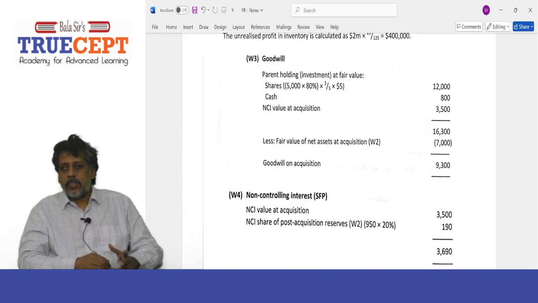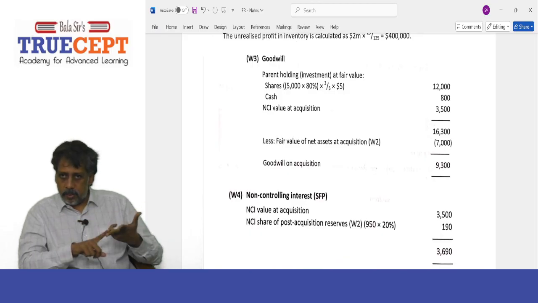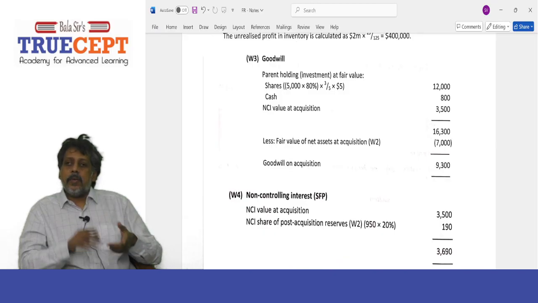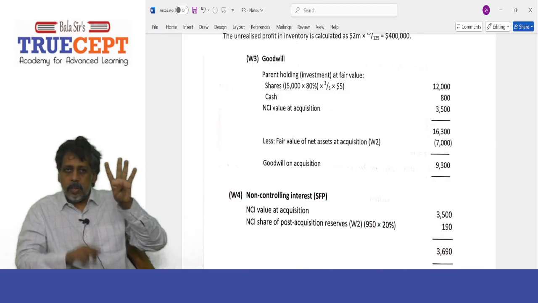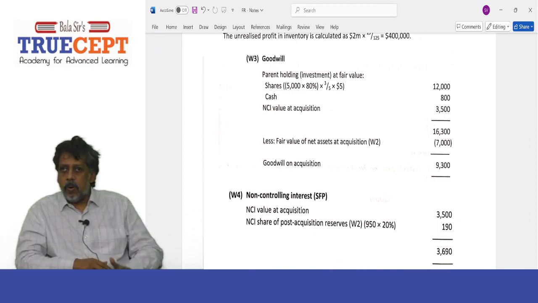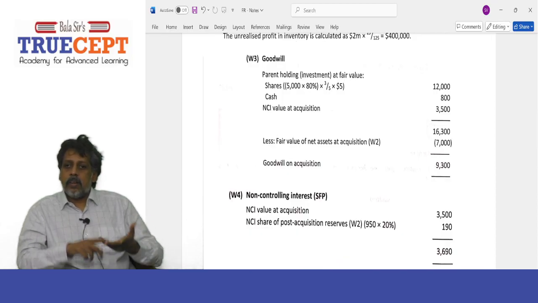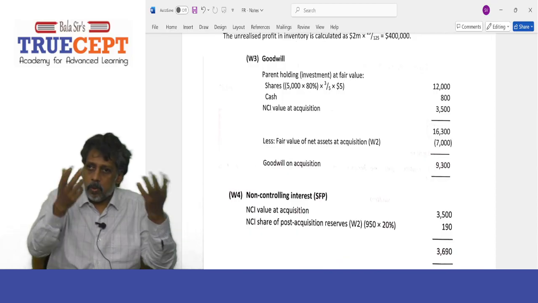Just see the calculation. Payment in shares: 5,000 into 80%, what I bought. I bought 4,000 shares from you people. That into 3 divided by 5 is the exchange ratio. So 2,400 shares are offered to the shareholders who sold the shares to me.